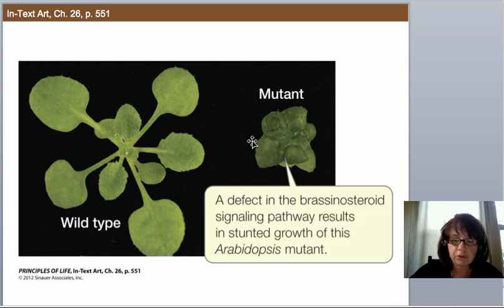And here's a mutant showing you that if it doesn't have the signaling pathway for brassinosteroids, it has stunted growth, while the normal plant works fine. So again, the brassinosteroids probably work through a signal transduction cascade that turns on gene transcription and would end up in nice cell growth.